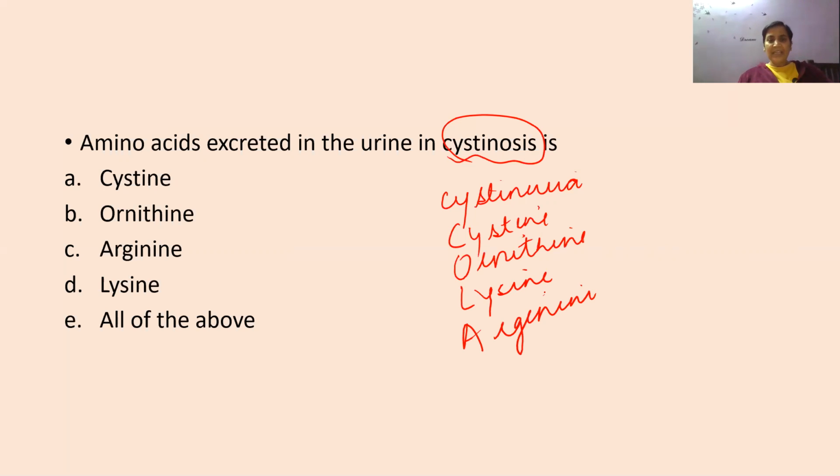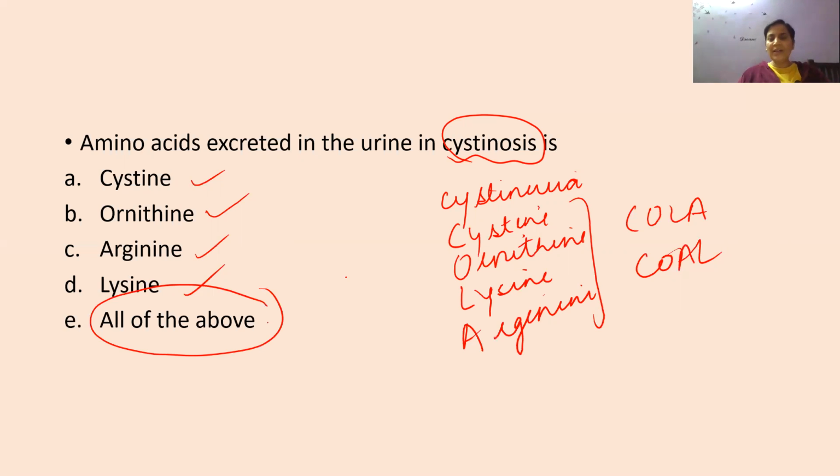Right. So there is defective reabsorption of these in cystinuria. So obviously this is also known as COLA. So you can see cysteine, ornithine, arginine, and lysine. So the answer would be all of the above. So the amino acids excreted in urine in cystinuria would be all the above.